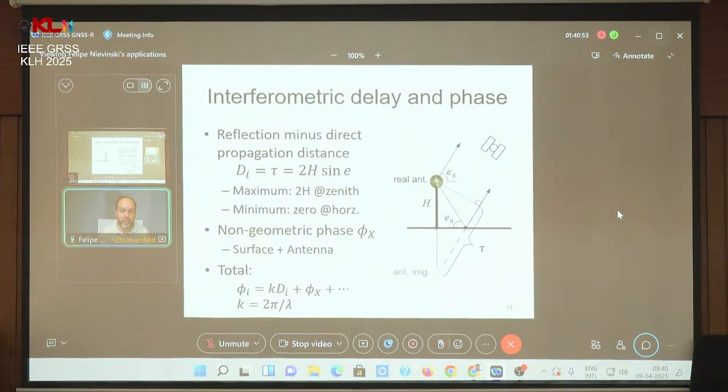In sea level monitoring, we focus on the geometric component because it's by far the largest one, but we may end up with a small bias because we neglect the composition. So, for example, if the sea gets frozen, you get sea ice, and then your interferometric phase will change just because of the different properties of the medium.